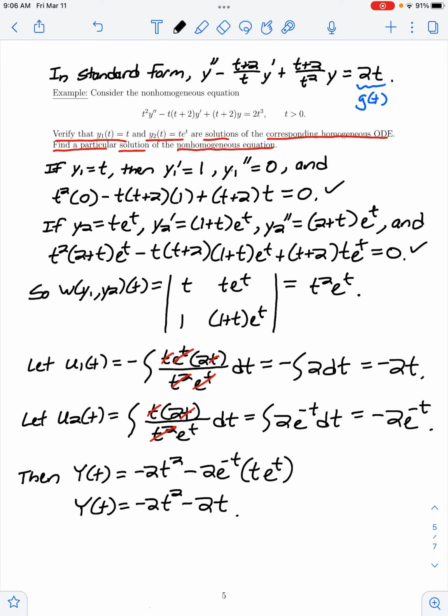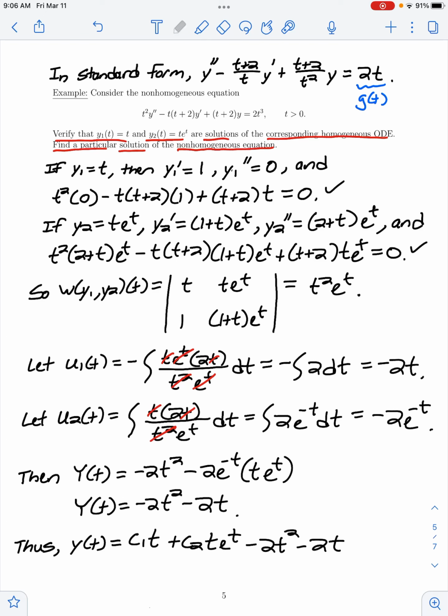So we have found a particular solution that we were asked for, and our general solution of this equation would then be given by our homogeneous solution, which would be c1 y1 plus c2 y2, plus our particular solution, which was negative 2t squared minus 2t.